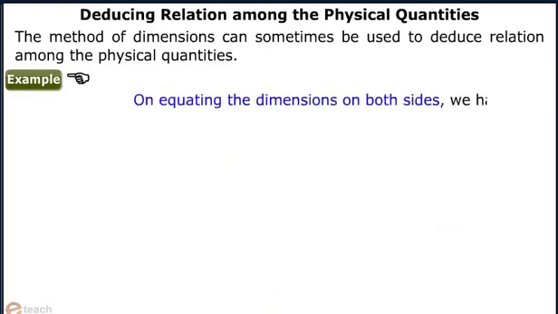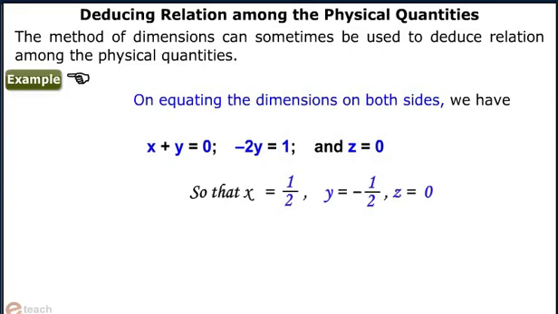On equating the dimensions on both sides, we have x plus y equals 0, minus 2y equals 1 and z equals 0, so that x equals 1 by 2, y equals minus 1 by 2 and z equals 0.